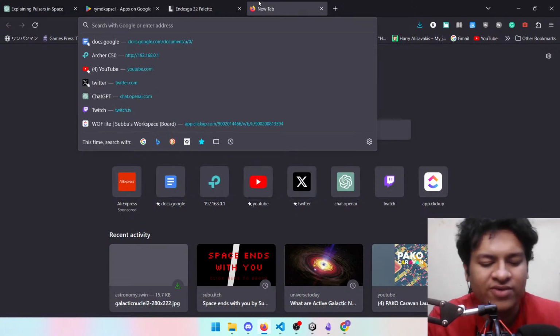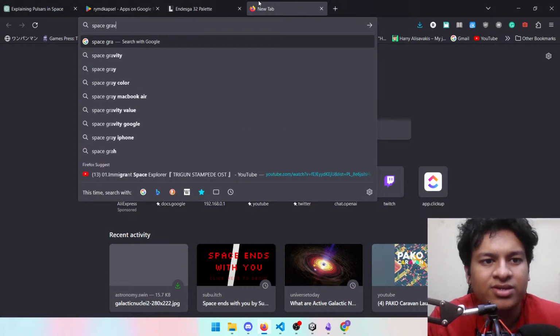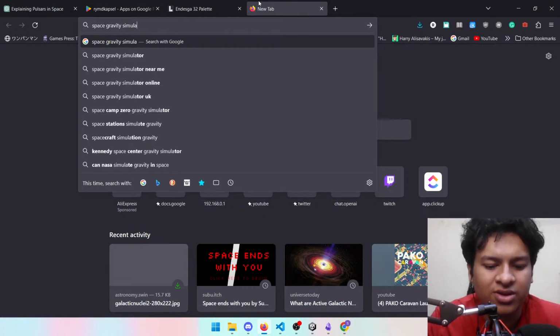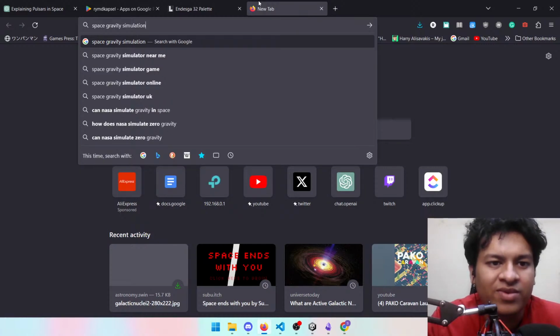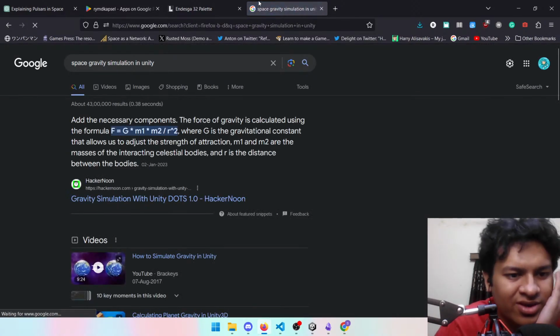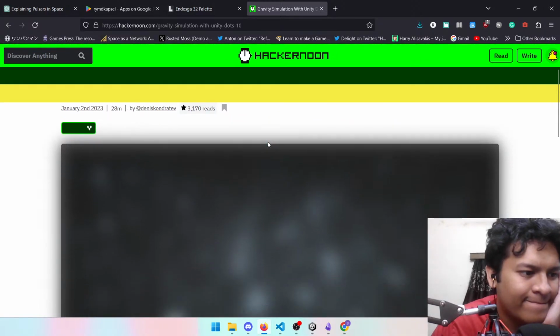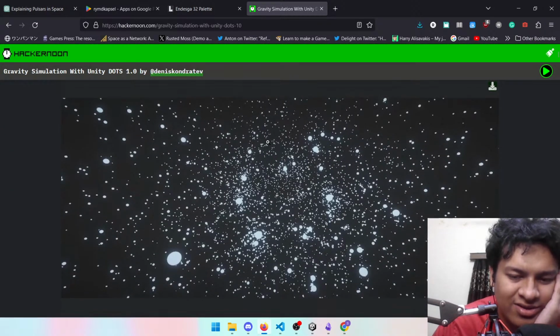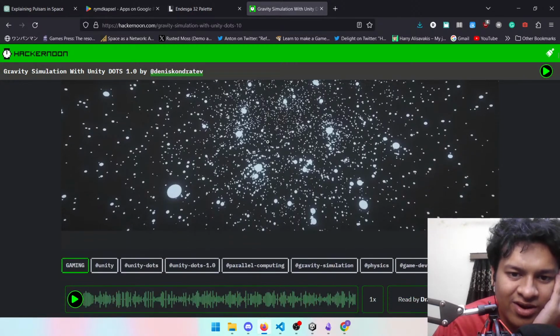Star system, gravity, space, gravity, simulation. Oh no, this is giving me completely different things in Unity. It's far freaking easier. This looks interesting right off the bat.